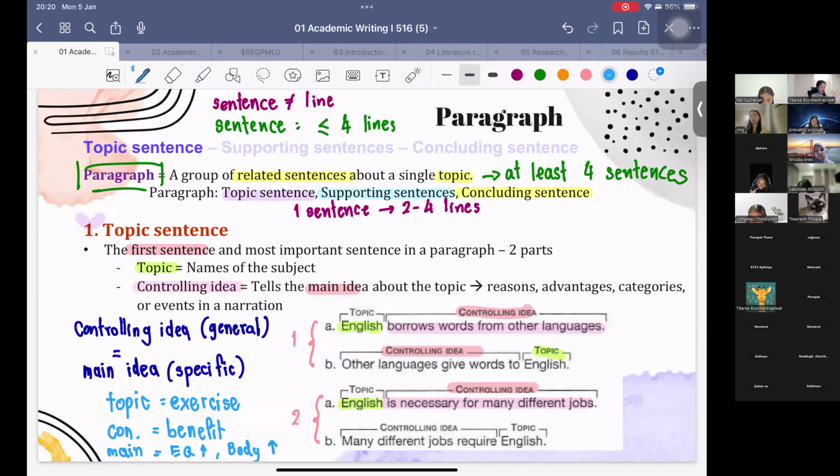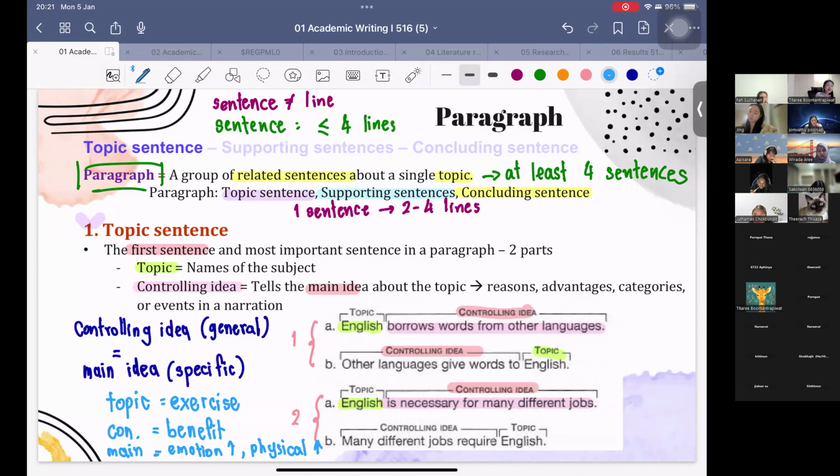So good physical health, good emotions, not EQ. Okay, let's change it, so let's say emotions. Benefits of exercise would be good emotions, good mental, physical. So that would be the main idea.